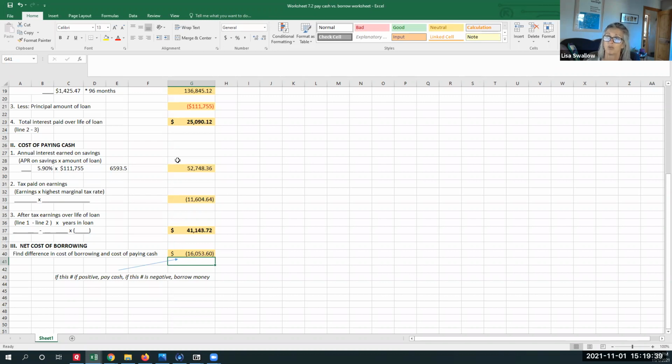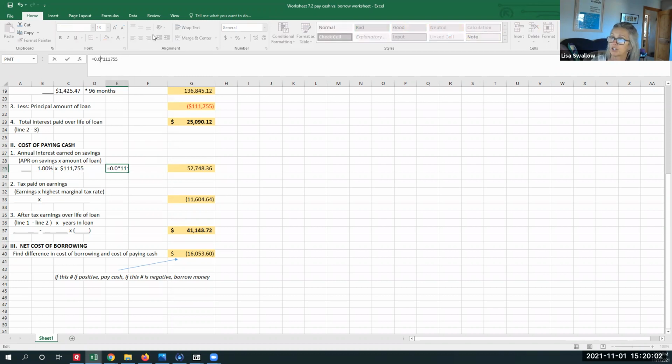The problem with this, not the problem, but what isn't realistic about this is, you're not going to be getting a 5.9% on a savings account. Let's just work it and see if it's 1%, which is probably more realistic, right? I'm getting 1% on my savings account.